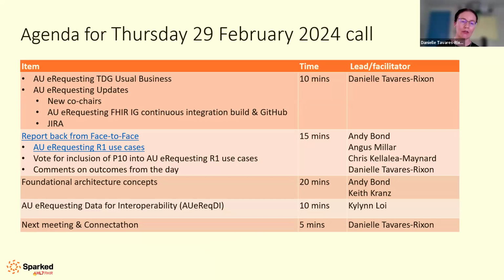So we'll be kicking off with our usual business that we always do, approval of minutes, looking at actions of the previous meetings. And then we'll go through and do some updates. We've got some new co-chairs from people who put their hand up to come and be a co-chair for this group in the face-to-face.